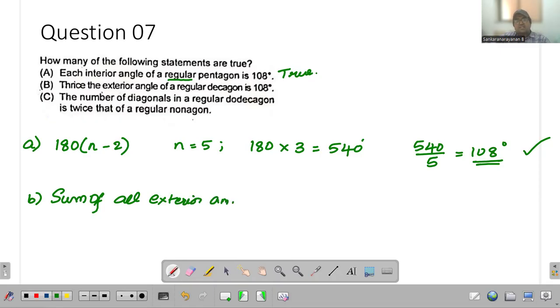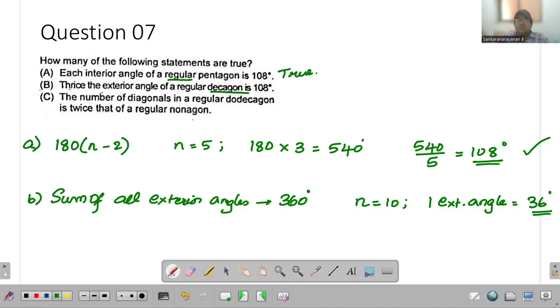But it is a decagon, so the number of sides is equal to 10. So the measure of one exterior angle will be equal to 360 by 10, 36 degrees. This is the measure of an exterior angle.